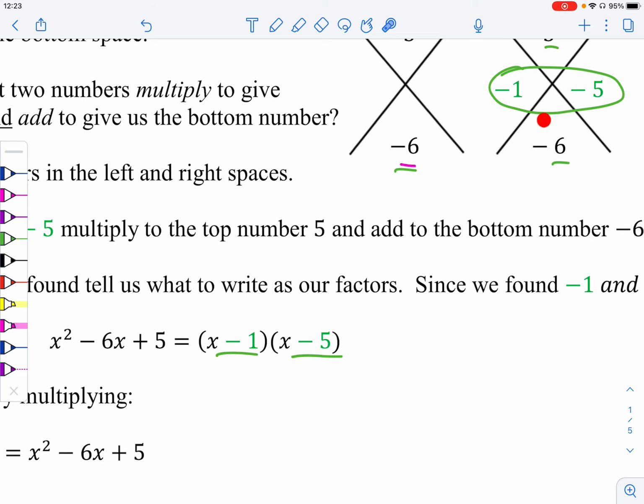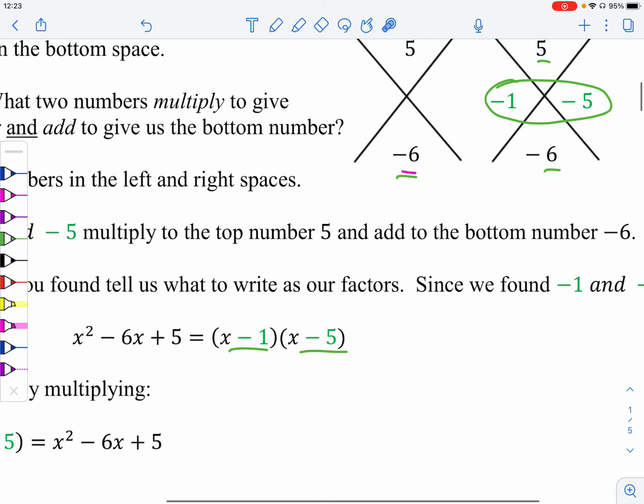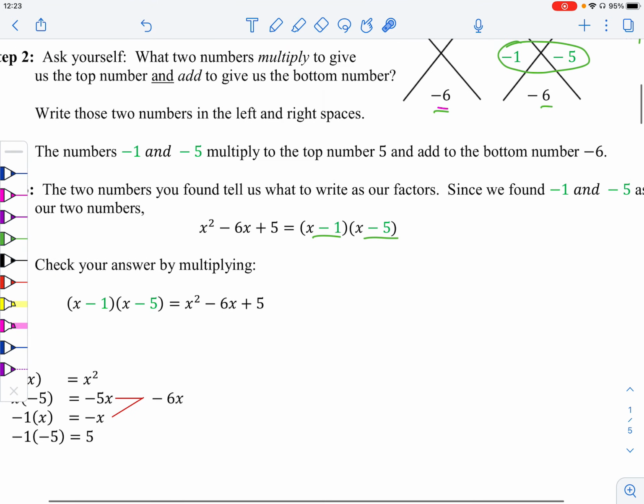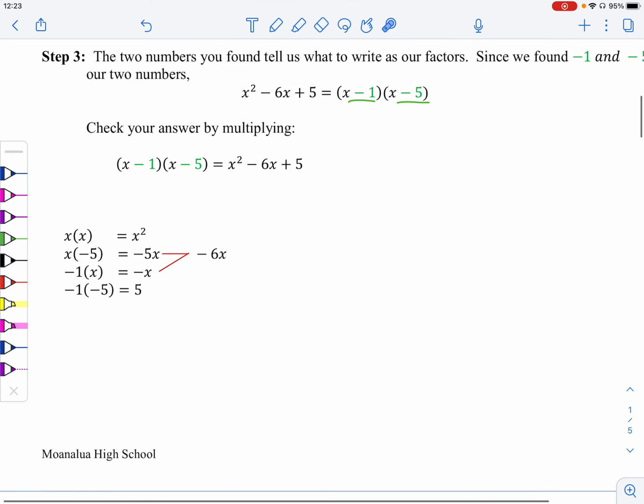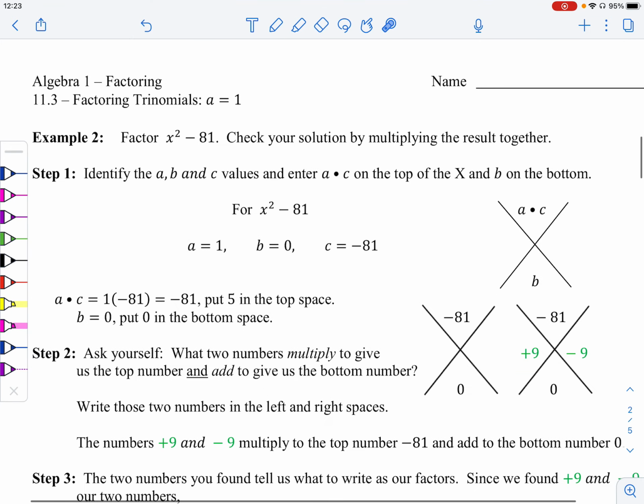So if we can do the x method, we can do our factors. You can check your answer by multiplying, with the distributive property, and show your work. They're always going to add to -6 in the middle and multiply to 5 at the end. So that's how we got those two numbers.